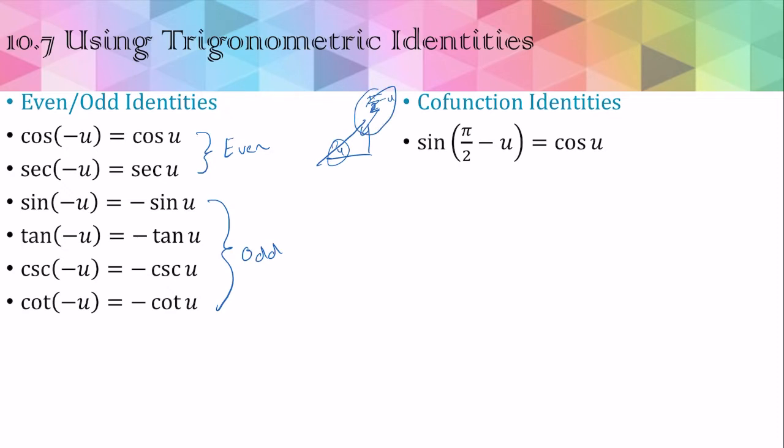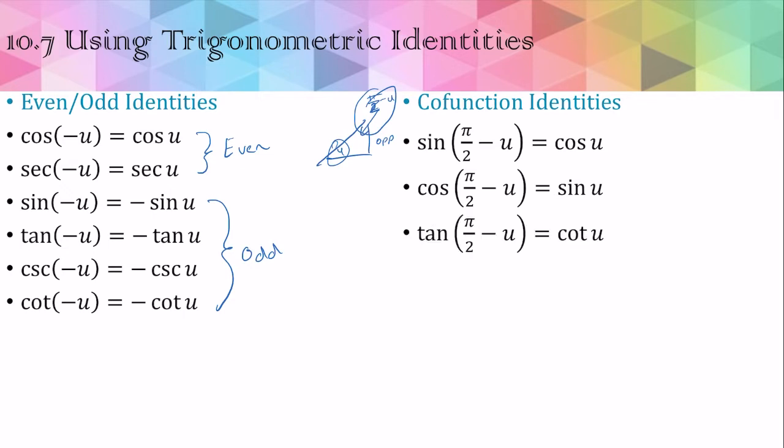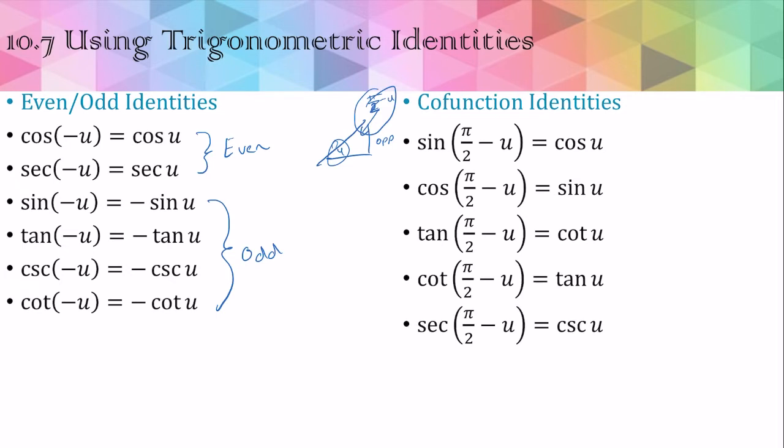And that's true because here's opposite from u, that's adjacent from the other angle, so it would be cosine. So anything, the sine and cosine, tangent and cotangent, secant and cosecant, they're paired like that.